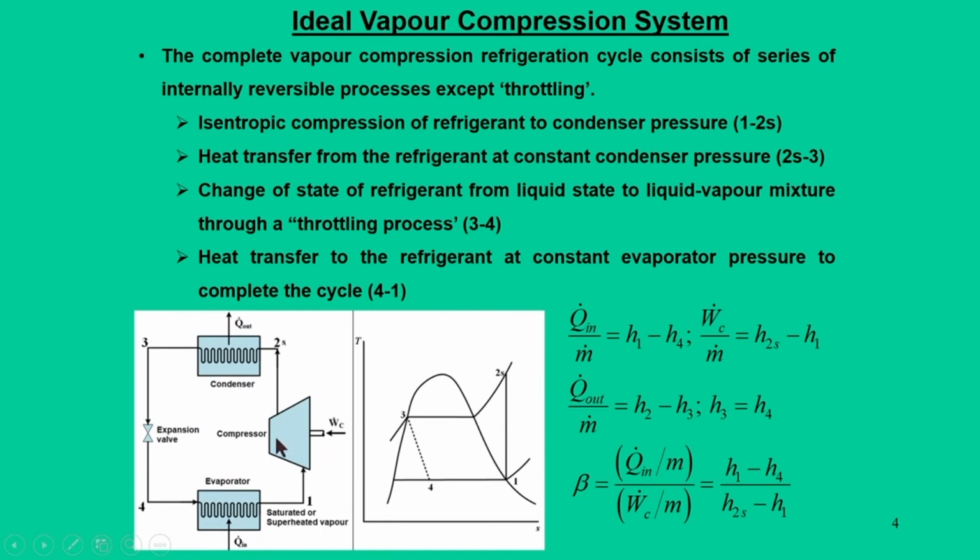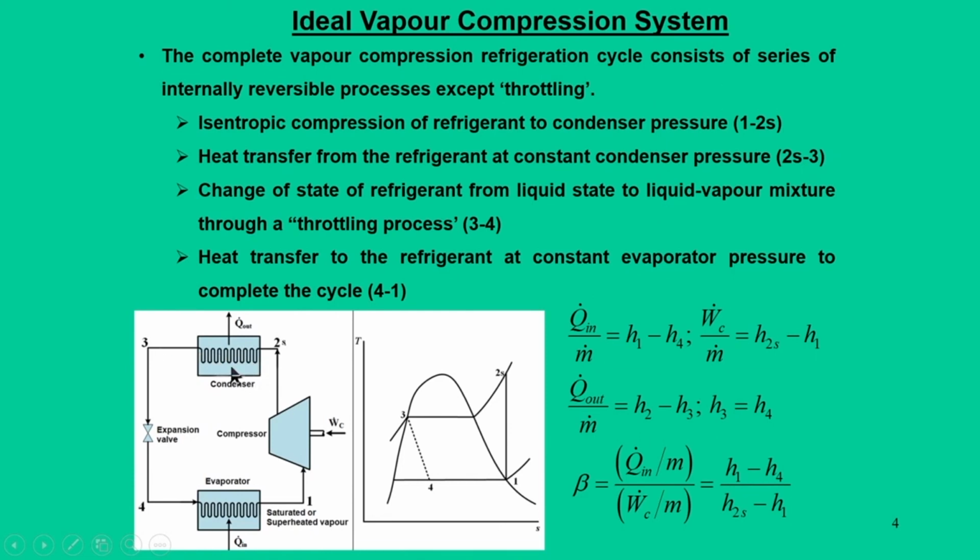Then it goes to the compressor where work is fed by an external agency, and after compression the pressure of the refrigerant rises to condenser pressure. When the refrigerant enters the condenser, it releases heat to the ambient. As a result, it again changes its phase from vapor to liquid.